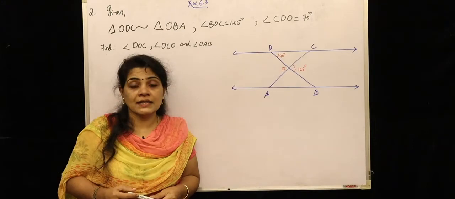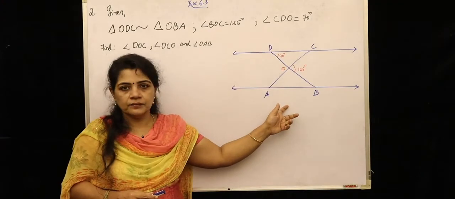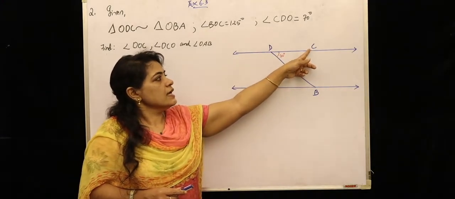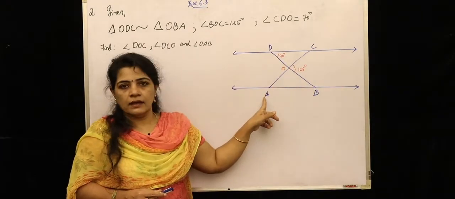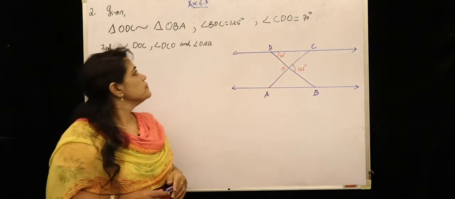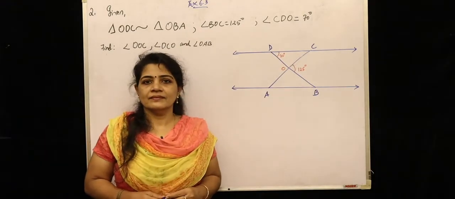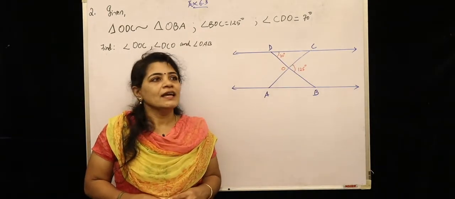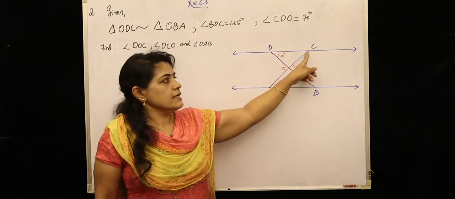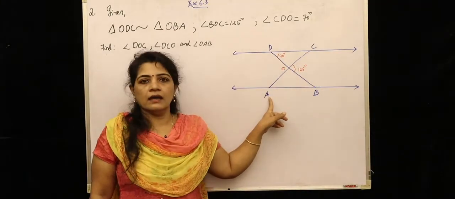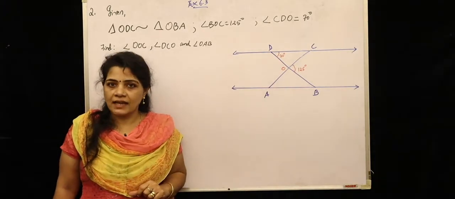Now we are solving the second problem. In the given figure, triangle ODC and OBA are similar.